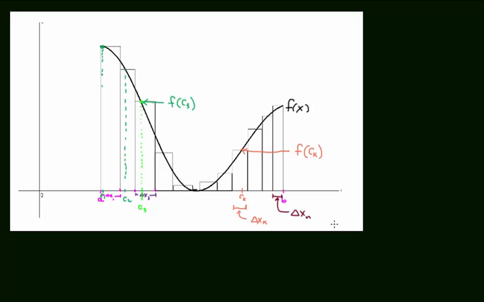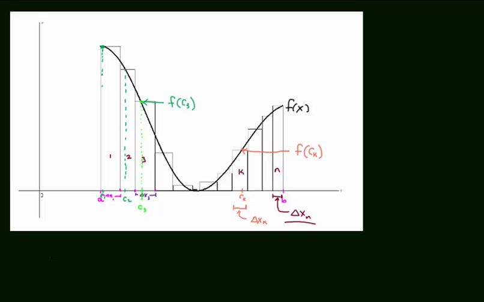I went ahead and labeled the change in x in this burgundy color here, the change in x of the nth rectangle. So we have the first rectangle, the second, the third, we have some generic kth, and then we have some generic nth, or the last one would be the nth. Now what is the purpose of these rectangles?